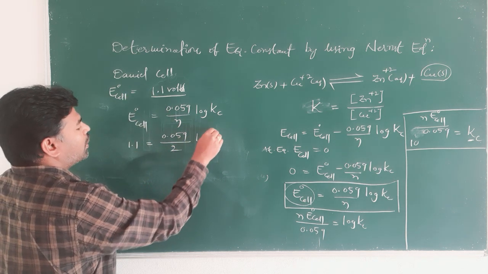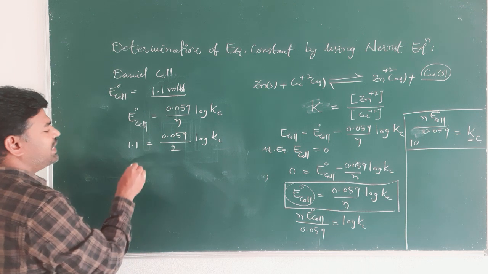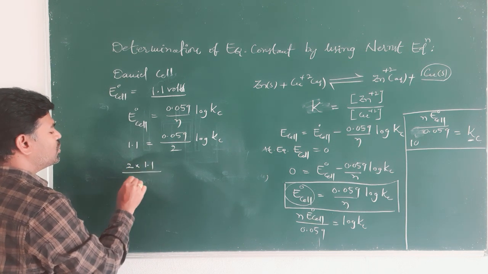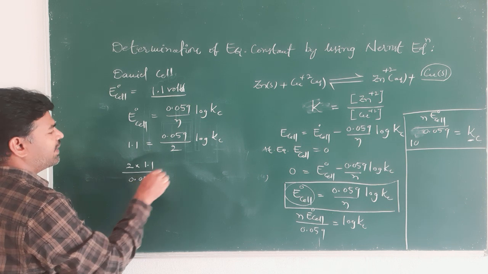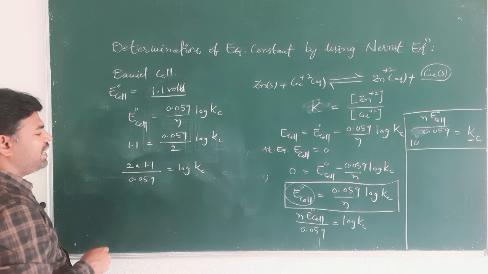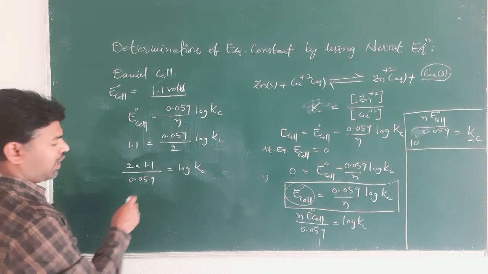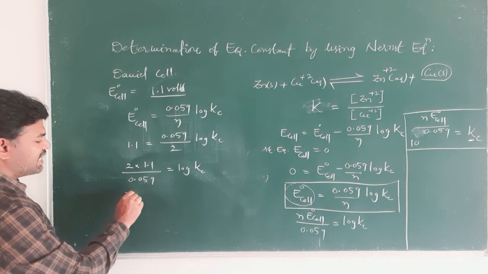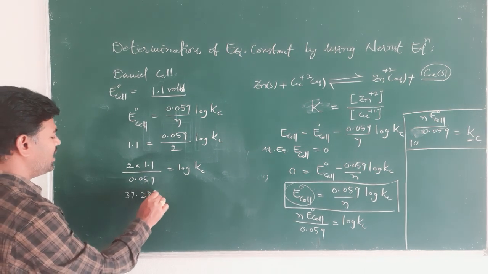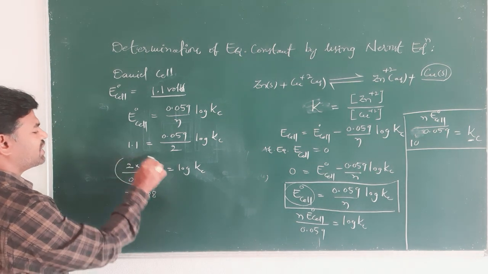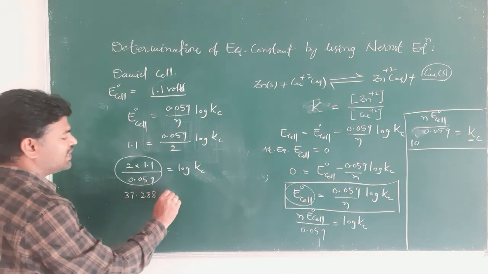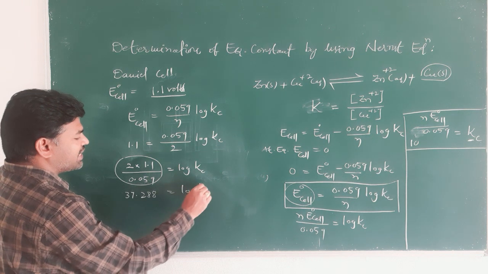So, 2 into 1.1 by 0.059 is equal to log Kc, and this fraction comes out to be 37.288, which is equal to log Kc.